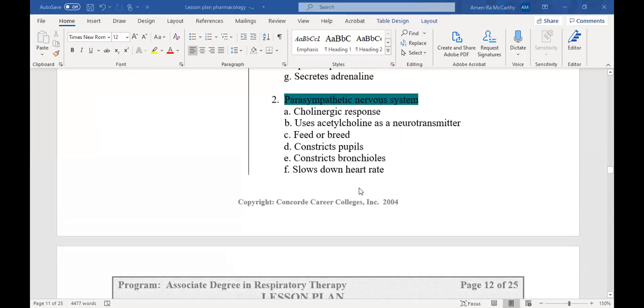All right, so the parasympathetic, guys, like we said, is also known as the cholinergic response. It uses acetylcholine as its neurotransmitter. It's the feed or breathe. It constricts the pupils, constricts the bronchioles, and slows down the heart. We learned two key terms yesterday or Friday about how drugs act: either the agonist or the antagonist, right?